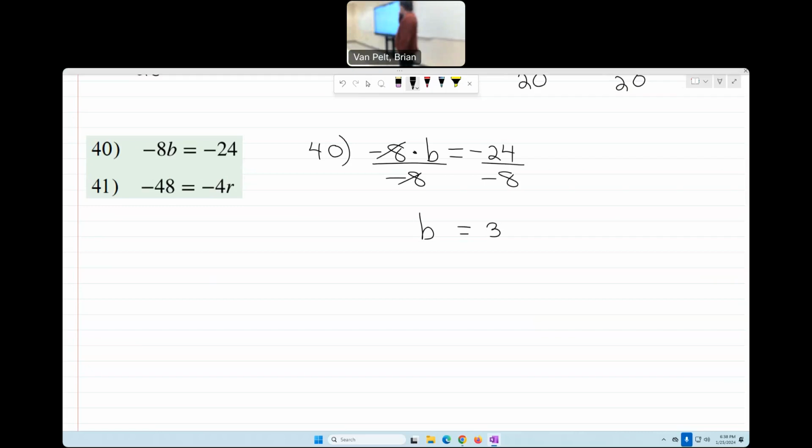Those that struggle with this, try the second one, see if you can get it.